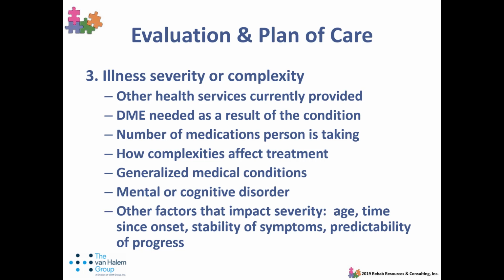Lastly, identify any factors that might impact severity, including the patient's age, the time since the condition came on, the cause of the condition, the stability of the symptoms, perhaps whether or not the patient is experiencing typical symptoms or atypical symptoms, and then the availability of an intervention that you know to be effective.